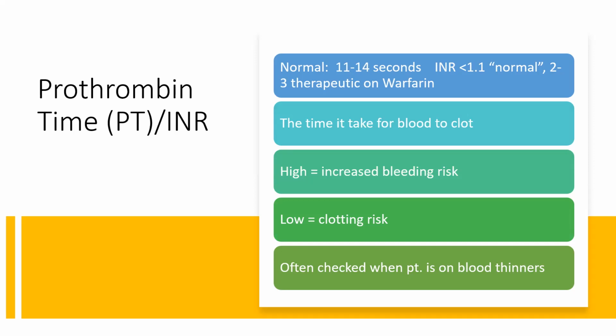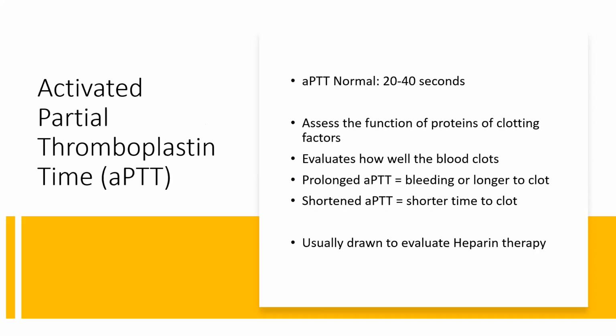So high bleeding, low clotting. These are often checked when a patient is on blood thinners. We don't see PT drawn as much as we see the INR. The INR tends to be the gold standard when it comes to, is this patient at a high risk for bleeding or not?